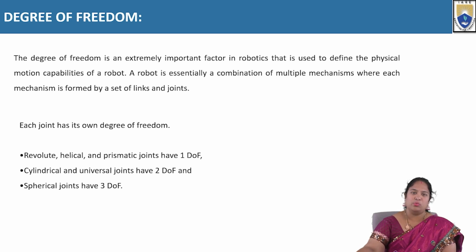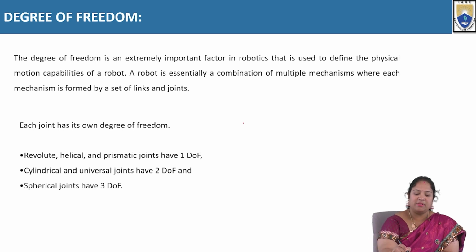Generally, a robot is a combination of multiple mechanisms, as we all know, linked up with some links and joints. Each joint has one degree of freedom.